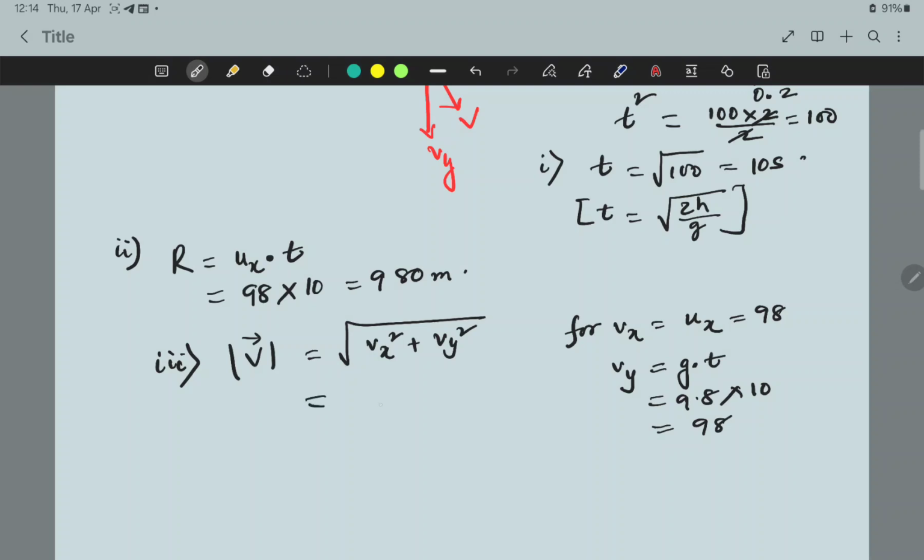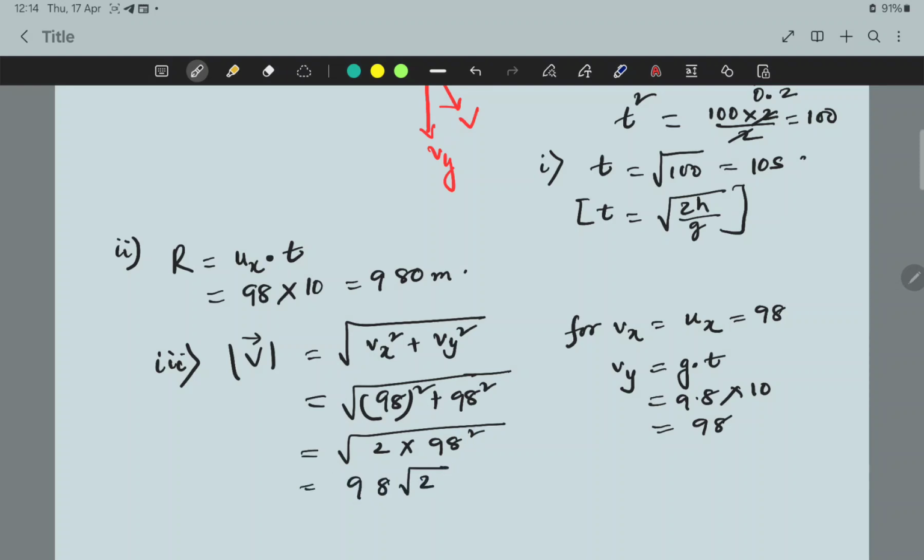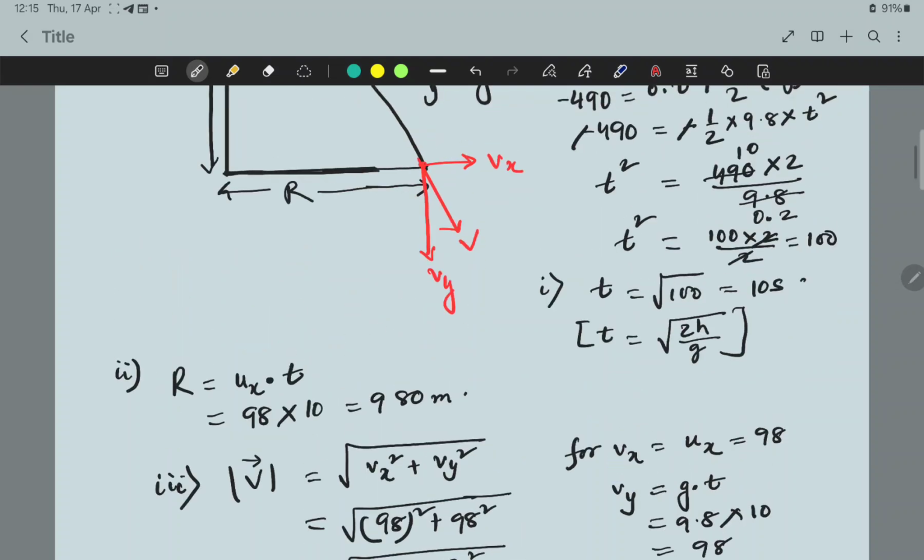So here 98 square plus 98 square, so that is 2 multiplied by 98 square, so 98 root 2 meter per second is the required velocity.